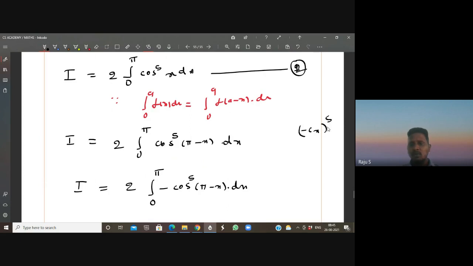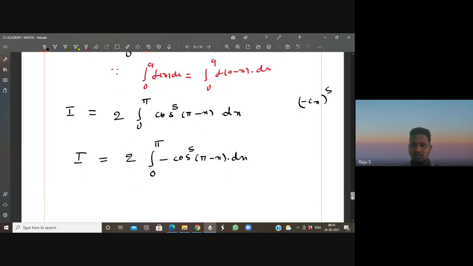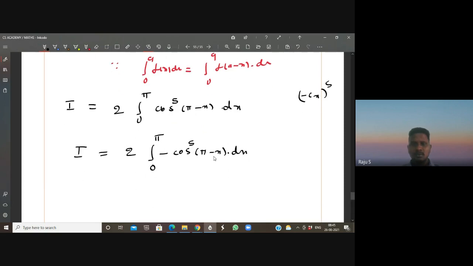Generally students think that cos is even, but according to the interval, 0 to pi, here we get minus. So this is equal to minus cos to the power of 5 x dx.